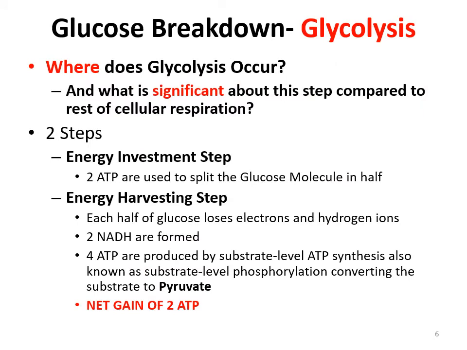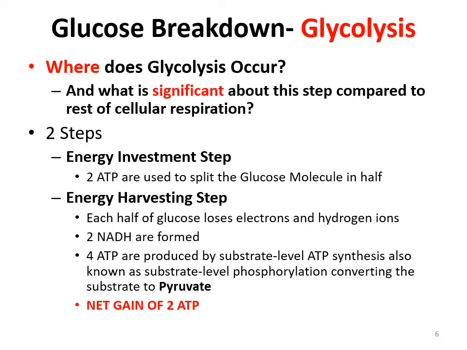Now going step by step, first up we have glycolysis, and again, I know some of this will be repetitive, but repeating and repetition helps you to really remember the significant points. So again, glycolysis, where did we say that occurs? Outside of the mitochondria, in the cytoplasm.